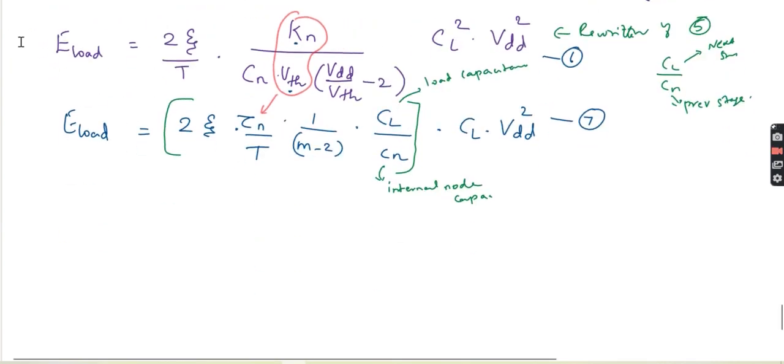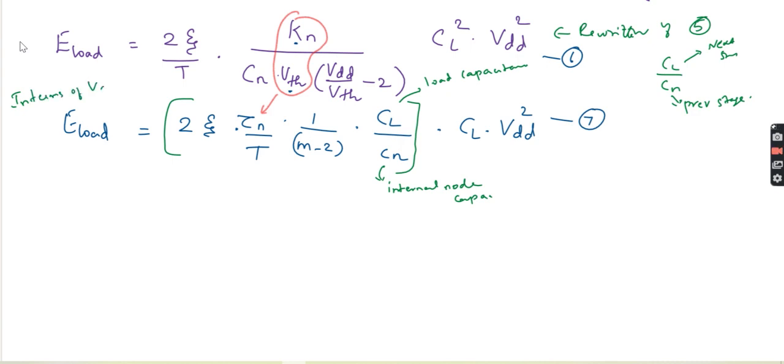Okay, so now this expression is in terms of VDD. If VDD is known, then we can do. The same thing we can write in terms of VTH, because here VTH is absent actually. So you can do it two ways, right? One way is the VDD expression, the other one is the VTH expression.